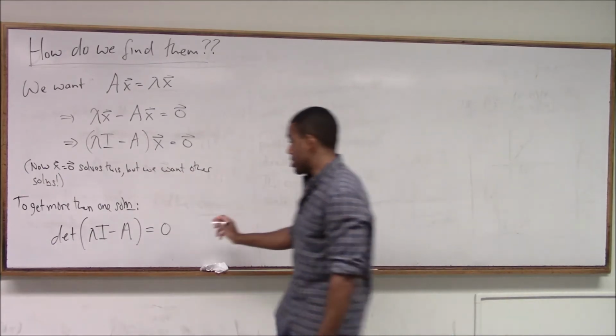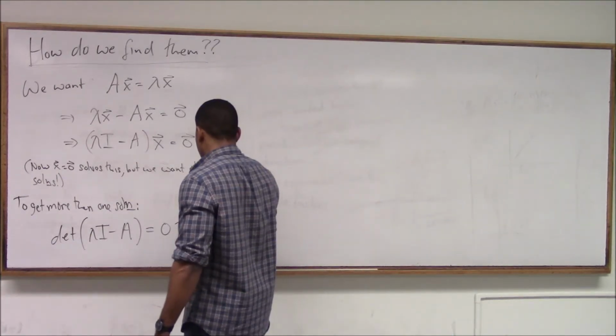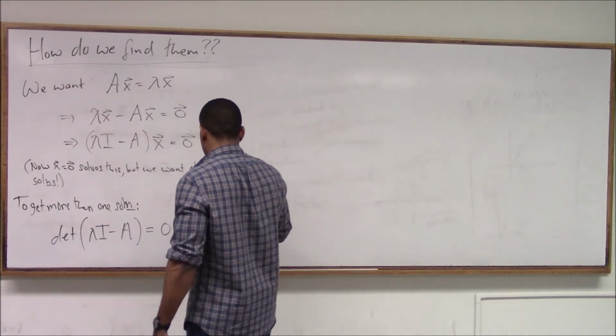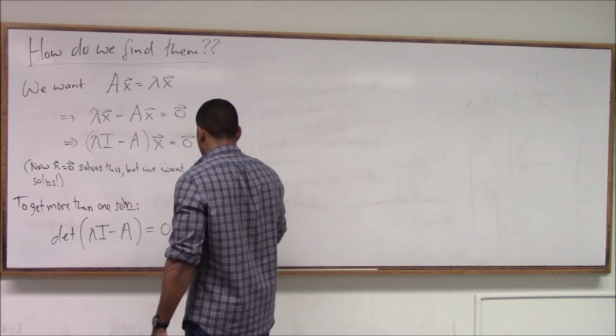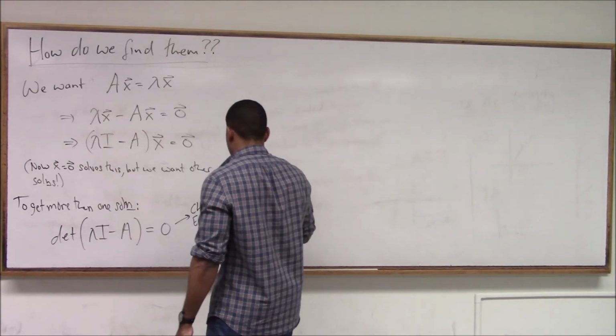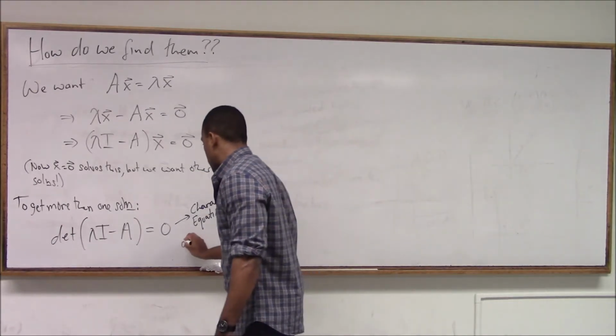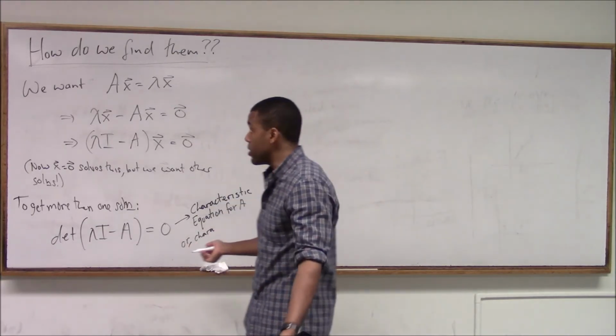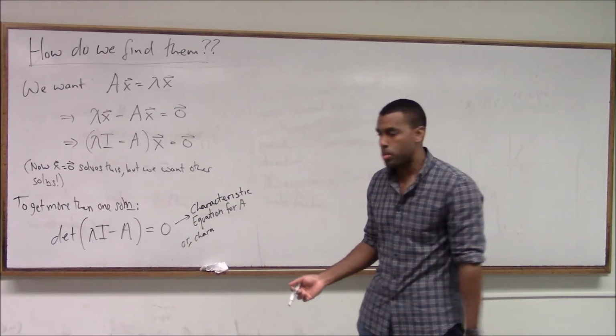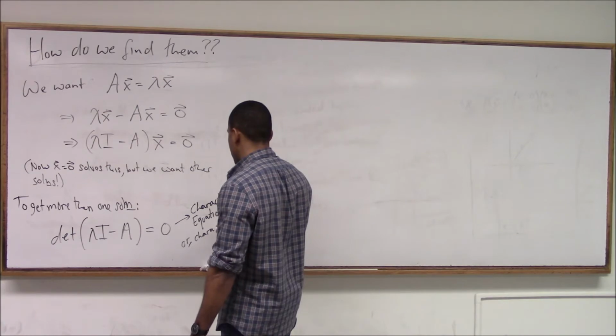This guy is called the characteristic equation for A. Or you might see it referred to as a characteristic polynomial, because if your matrix has real entries, it's always going to be a polynomial over the field.